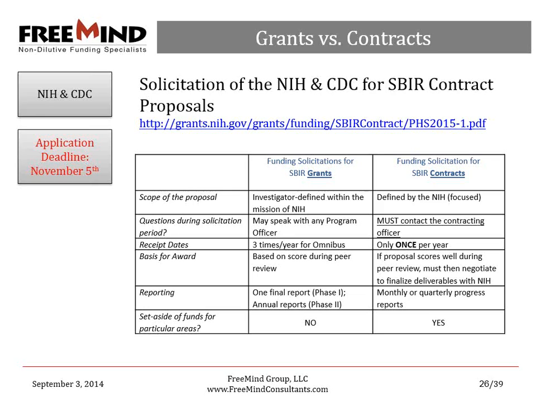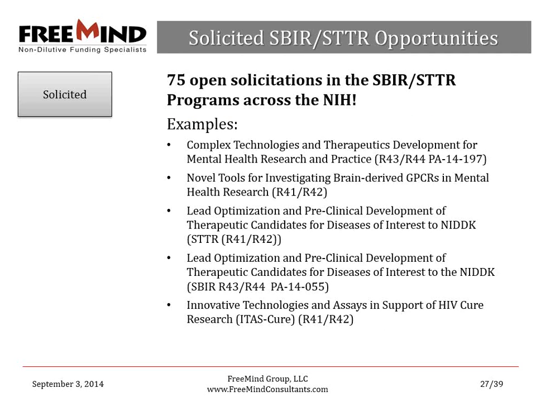Now, there are many solicitations across the broad range of sciences. If you go to the NIH website today and do a search for SBIR and STTR, you'll find 75 open solicitations. And here we have a few examples. The NIMH, the National Institute of Mental Health, has a solicitation, Complex Technologies in Therapeutic Development for Mental Health Research and Practice.